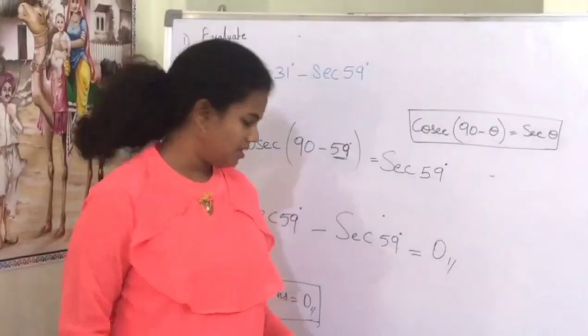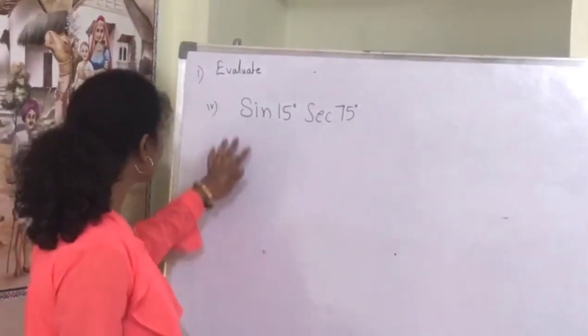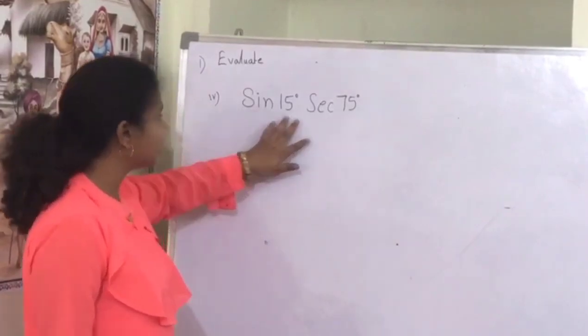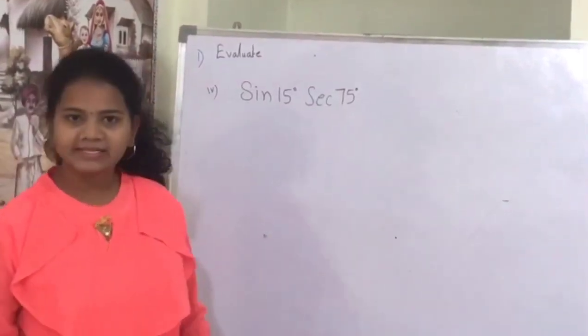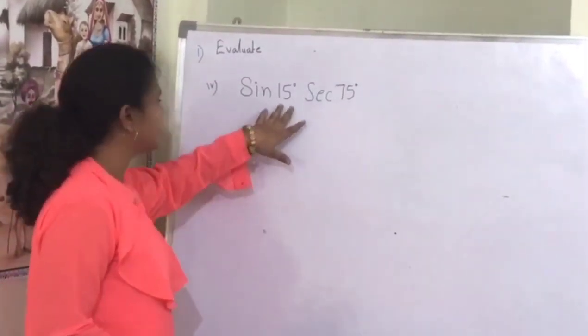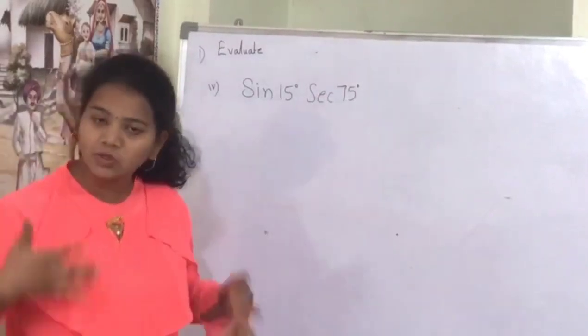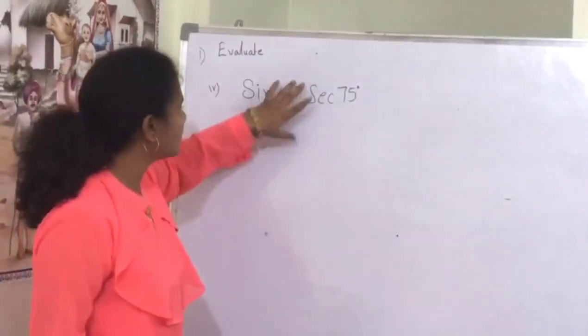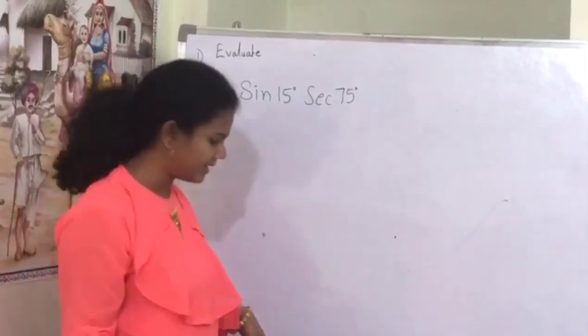Okay, welcome. Let's start with the fourth question, where sine 15 degree into secant 75 degrees. Now if we add 15 plus 75, this gives us 90, and we can solve the given sum by complementary angles.